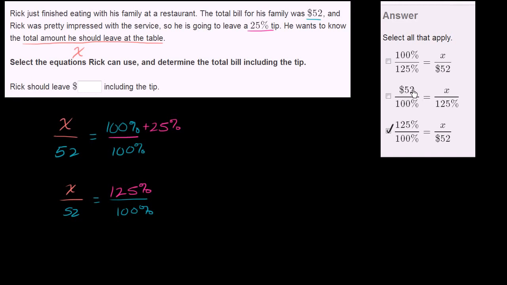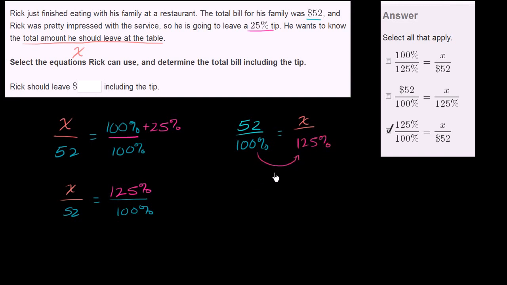So here it says the ratio of the actual bill to 100% is equal to the ratio of what you're going to pay to 125%. Now this makes sense too. Let me just rewrite it again for emphasis. So here they're constructing a proportion where you have the ratio of the total bill, and you're saying, hey, look, that total bill is 100%, and we want this ratio to be the same as the ratio between the actual amount we're paying and 125%.